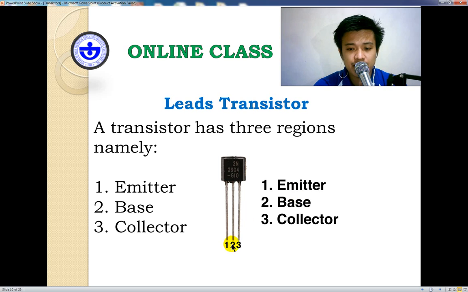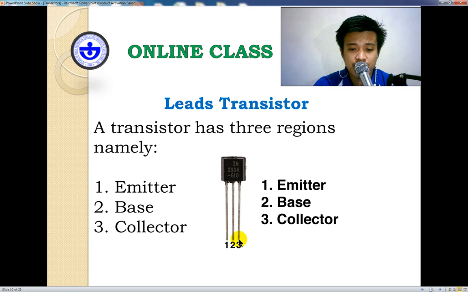If terminal 1 is the emitter, terminal 2 is the base, and terminal 3 is the collector, then the center leg would be our base. But again, let me recall, it is not always that the center leg would be the base, because there are times that pin 1 can be the base, or pin 3 can be the base also.